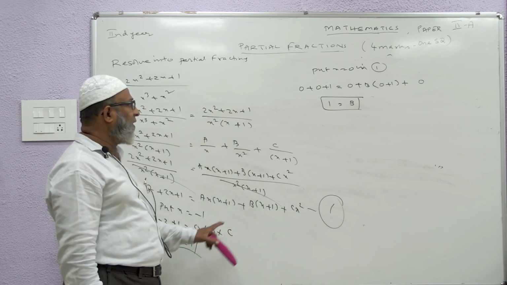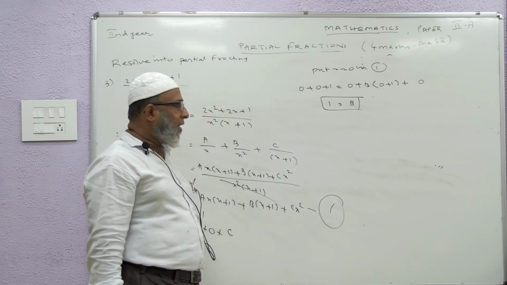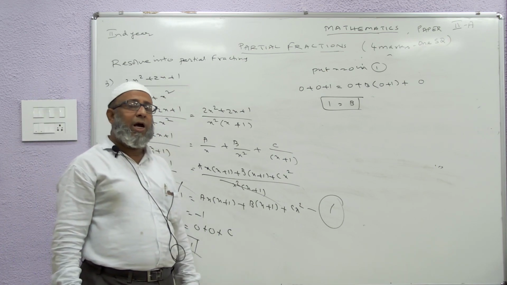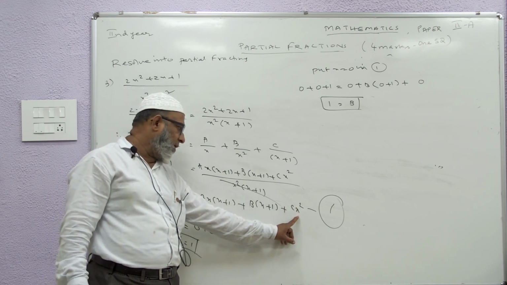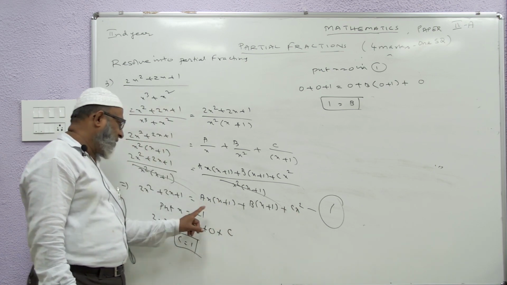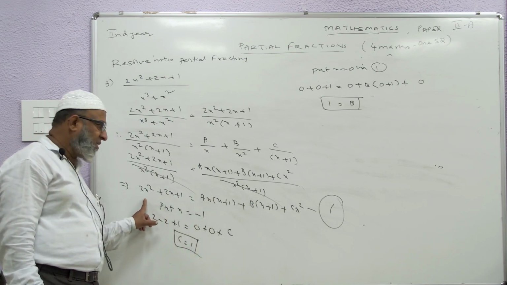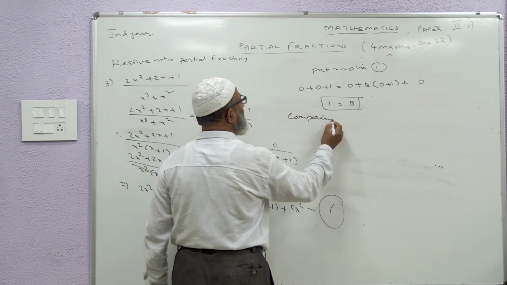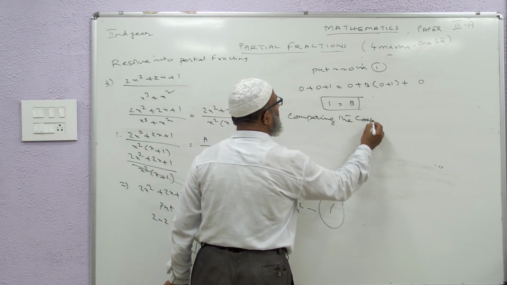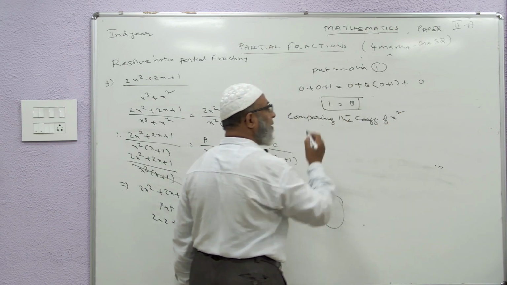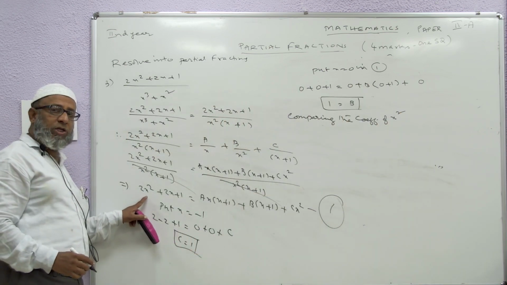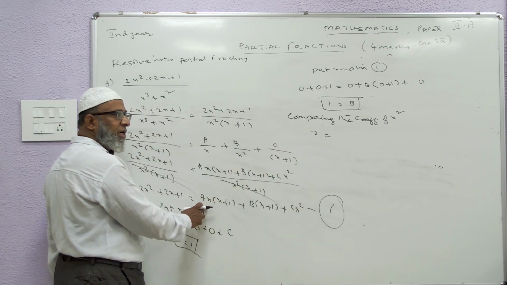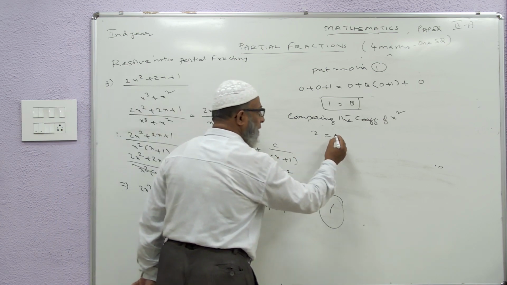So, I got the value of c, I got the value of b. I need the value of a. For that purpose, what do I have to do? Compare the highest coefficient. What is the highest coefficient here? x square. x into x, x square. Here, the coefficient of this is x square. Therefore, comparing the coefficient of x square, the coefficient of x square on the left hand side is equal to 2. 2 is equal to, what remains? x into x, x square. Therefore, what is the coefficient? a.